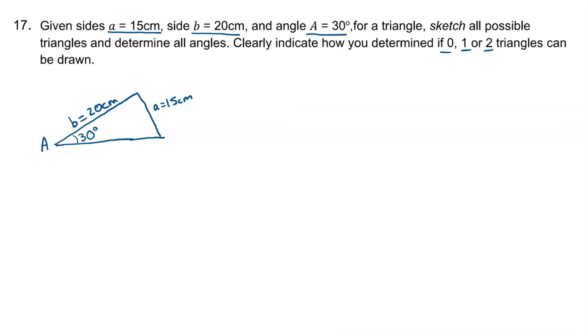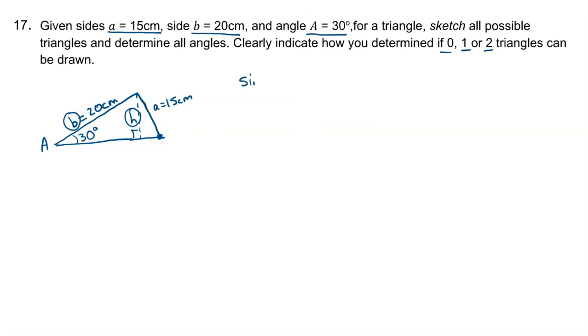The question is, will this length 15 touch that bottom side once, or twice, or not at all? And so what we want to do is determine the height of this triangle. In order to determine the height, we can use a trig ratio because we're looking at this right triangle here on the left side of that diagram. The trig ratio that uses height and this side B is sine.